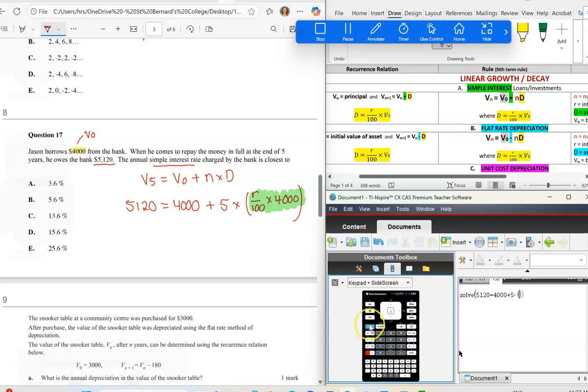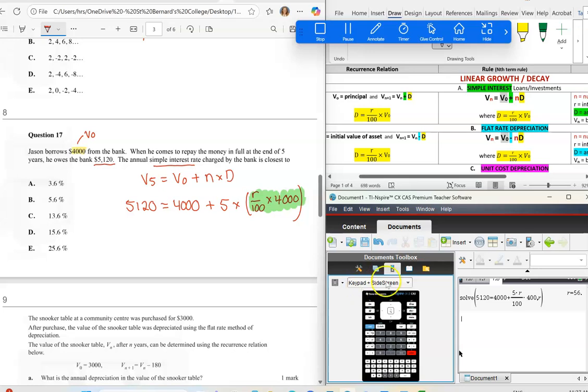If I just write out everything the way I've just copied it, you'll never go wrong. You just write exactly what you see that you've copied from the formula. You've always got your graphics calculator, so that won't be a problem. So comma R is what I wanted to find out.